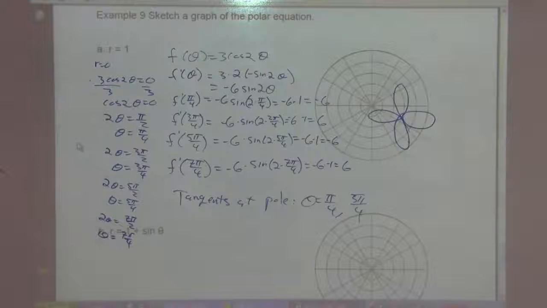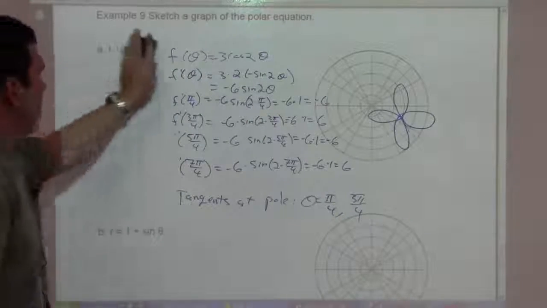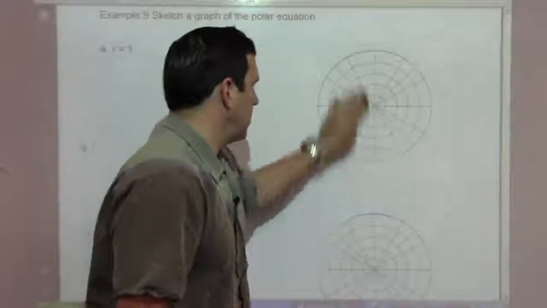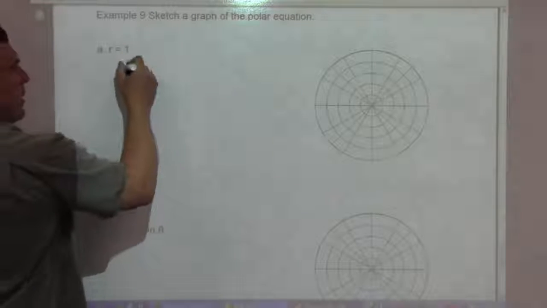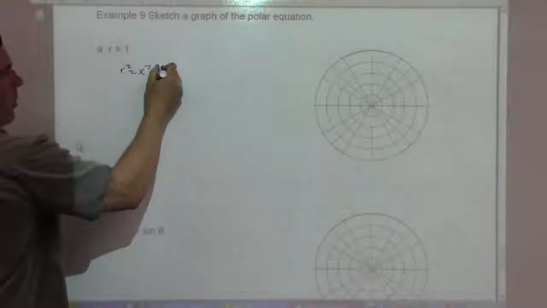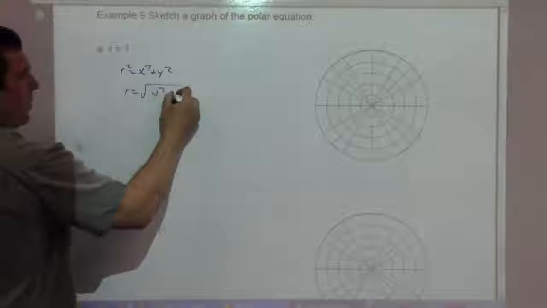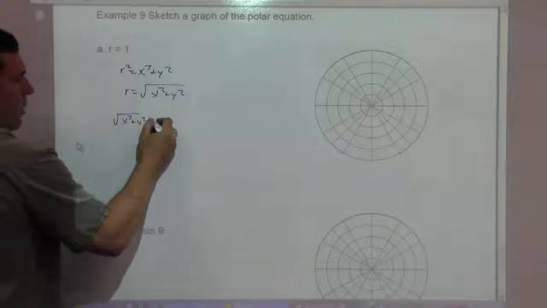Example 9, sketch a graph of the polar equation. A, r equals 1. Well, that just talks about the radius being 1. If you need to see it this way, you could say that r squared equals x squared plus y squared, so that r equals the square root of x squared plus y squared, so that the square root of x squared plus y squared is 1.